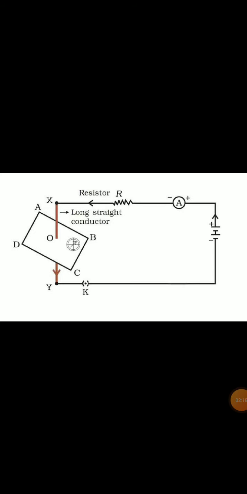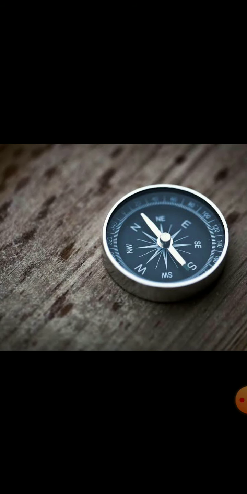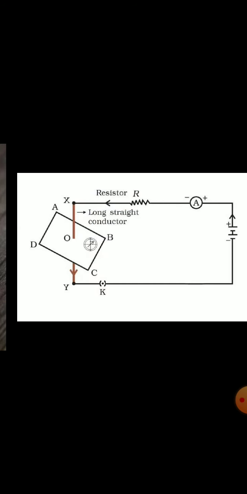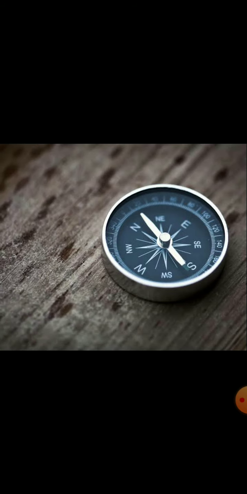And when we place this compass, we need to look at the position of the needle of the compass. Then we need to plug the key, which means the electricity will be passed when we plug the key. What do we have to do? We have to observe the change in the position of the compass needle.